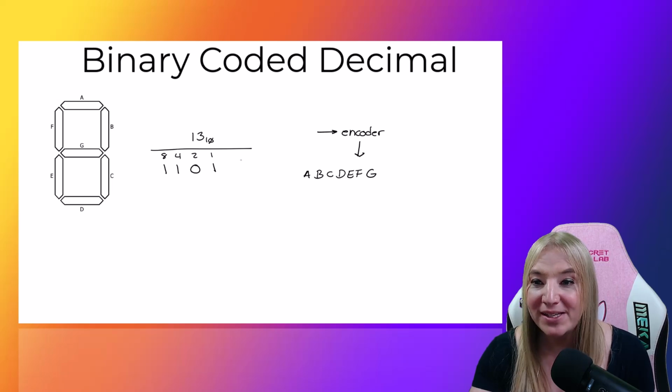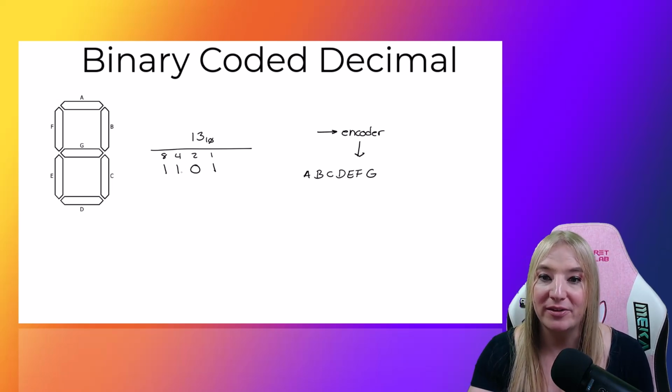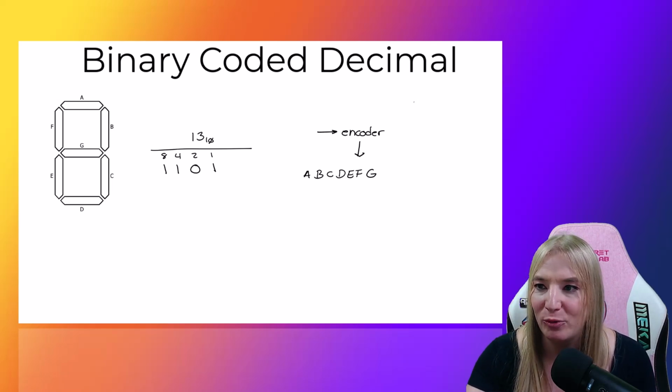So basically the way this works is pretty genius. The number 10, and I'm going to write this over here, would look like this: 1, 0, 1, 0. That would give us 10. 11 would look something like this.